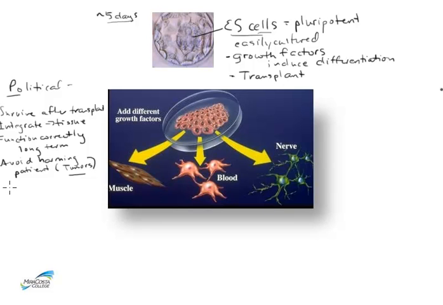And finally, we have another problem with using embryonic stem cells that's essentially the same problem that comes from using transplanted organs, and that's the potential for immune rejection.